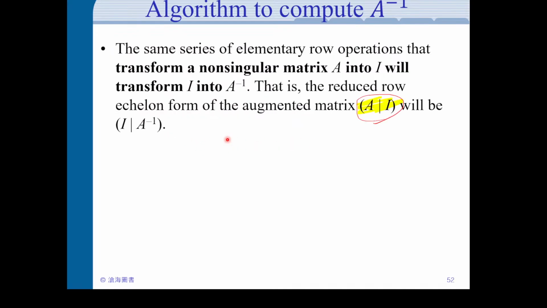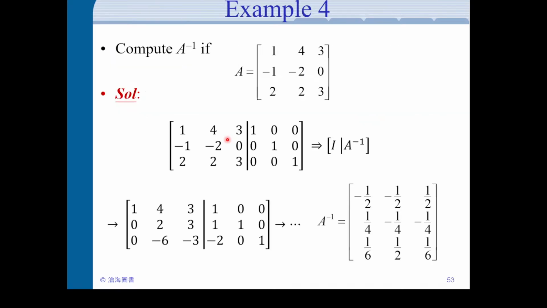So this gives us a way to compute A minus 1 with row operations on this augmented matrix that has a block of A on the left and a block of identity on the right. We want to use row operations to turn it into the identity and A minus 1 matrix.